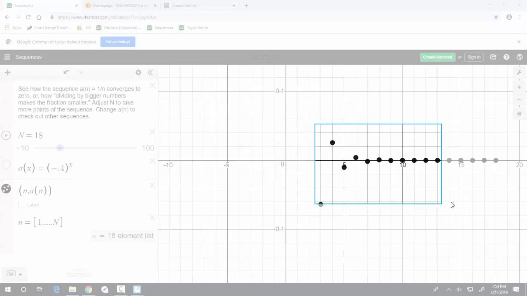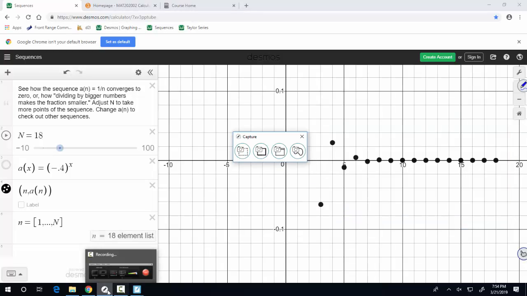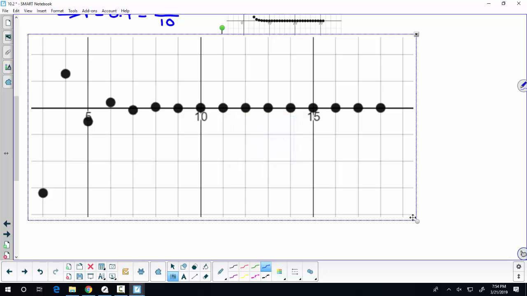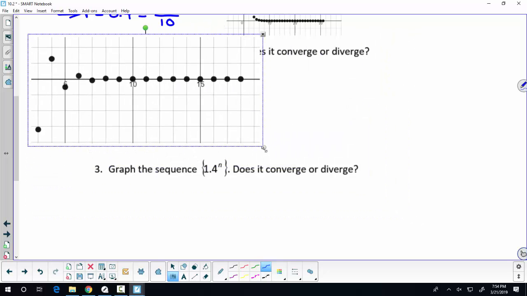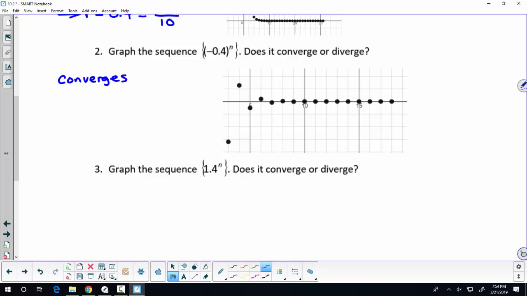So converge, diverge? But it oscillates, because you're raising a negative number to powers. So let's write this out. This converges, not monotonically, but via oscillations. What's the ratio?